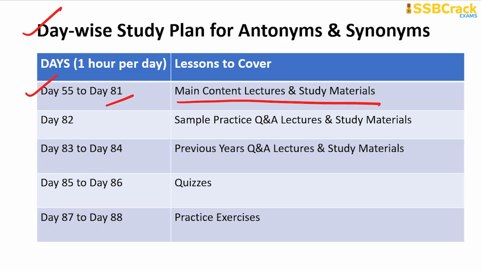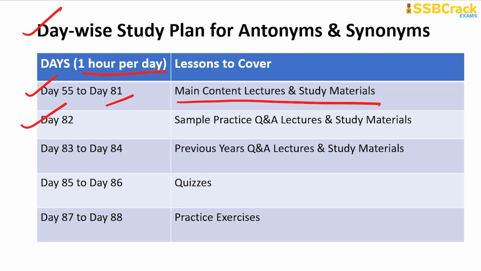This will be very important for you, and you need to dedicate a very large amount of time in order to cover all the main content lectures and study materials pertaining to antonyms and synonyms. That is why from day 55 to day 81, I am giving the time to you where you need to dedicate 1 hour per day, and make sure that you learn approximately 20 to 25 words per day, okay, in order to cover them within this time span.